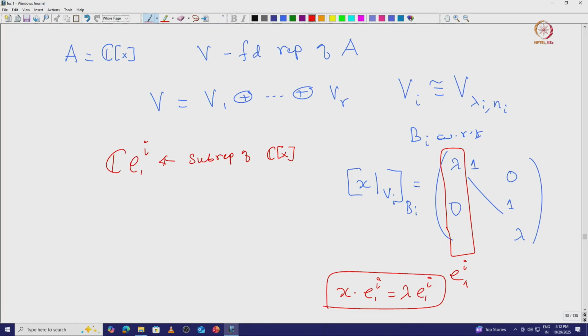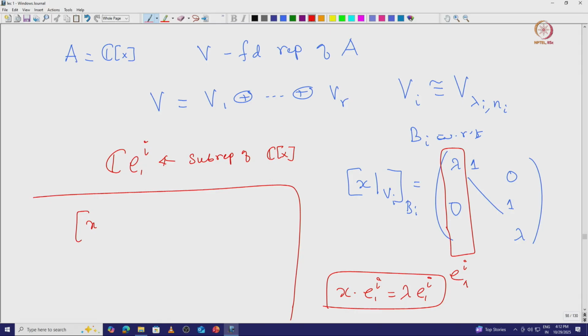But you can already see that this also implies any irreducible representation must be one dimensional, but anyway you can take that as an exercise. From this observation we conclude that irreducible representations of this capital V correspond to these very first columns of the Jordan blocks.